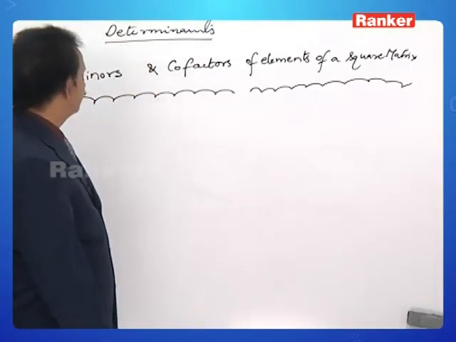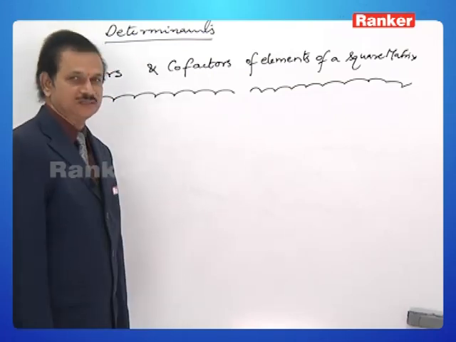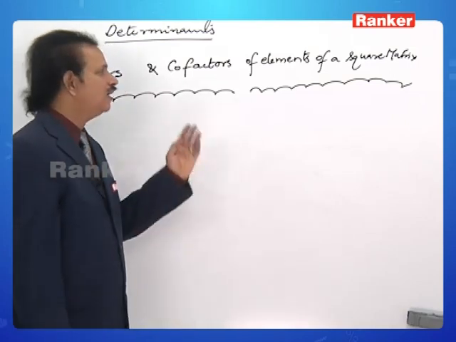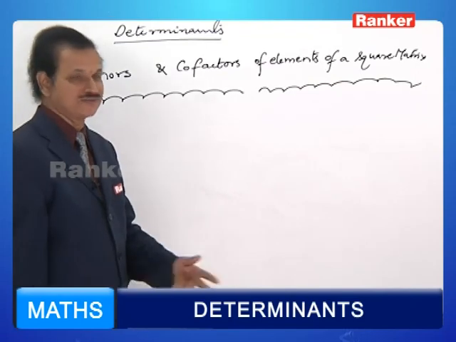Observe the heading. One thing is sure, we are going to learn the two words minors and cofactors of elements of a square matrix. How to define them, how to calculate them.